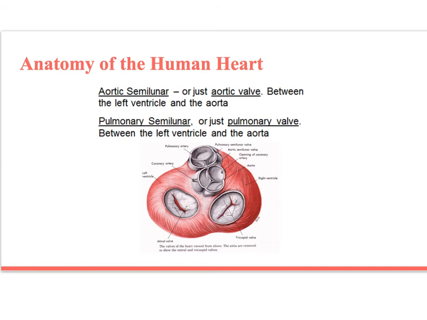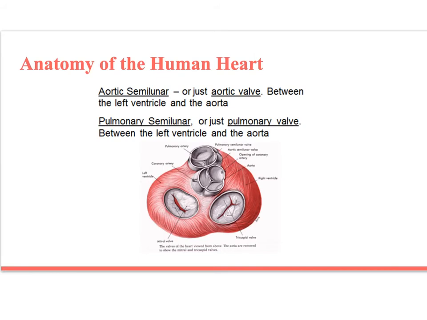So, we've talked about the AV valves. Now, not below that, technically above that, we're going to have the aortic semilunar valve, which is between the left ventricle and the aorta, and the pulmonary semilunar valve, or you could just call it the pulmonary valve. You could also call that the aortic valve if you choose, but that one is between the left ventricle and the aorta.